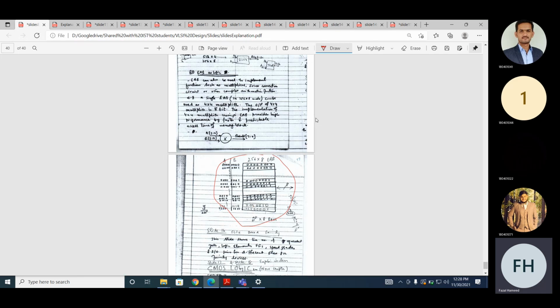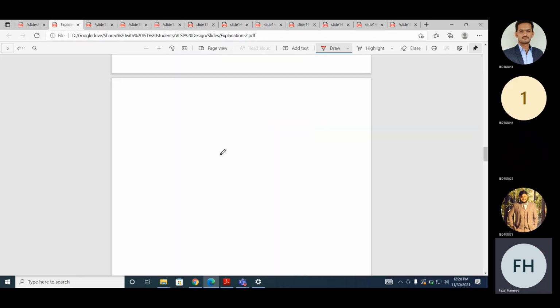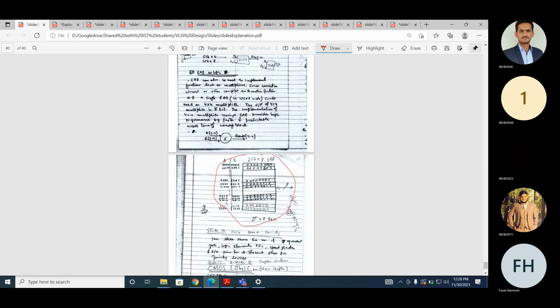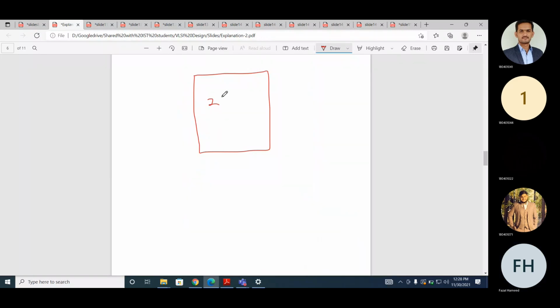Now if you look at this EAB, actually it is 256 multiplied by 8. It can be configured into 256 multiplied by 8. It's just like a memory.